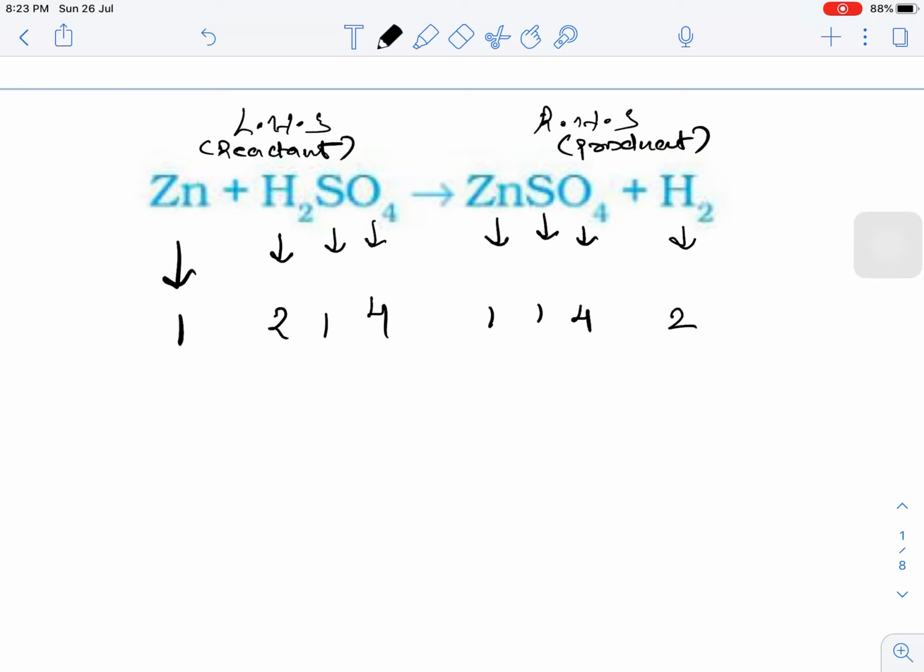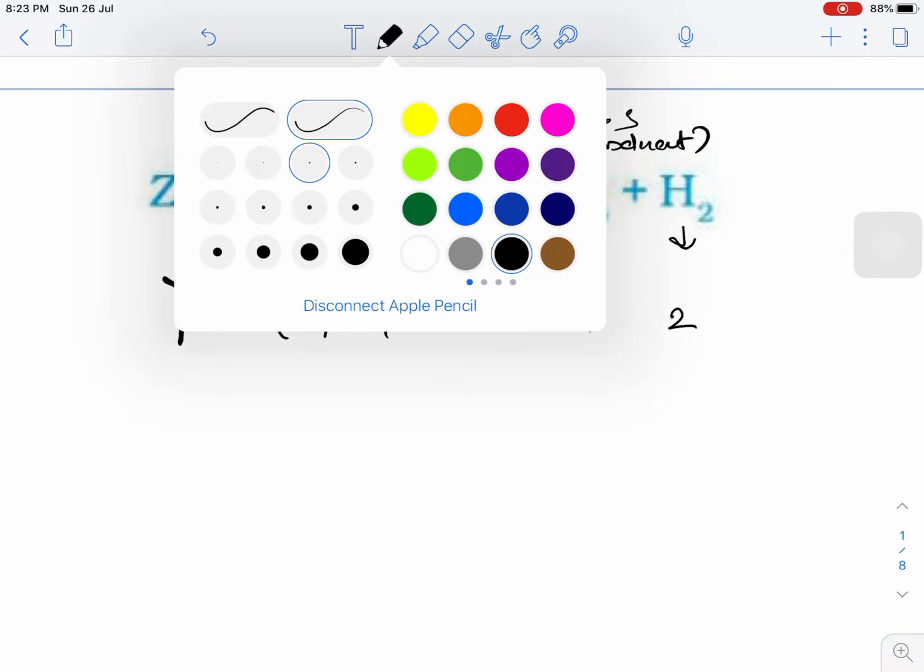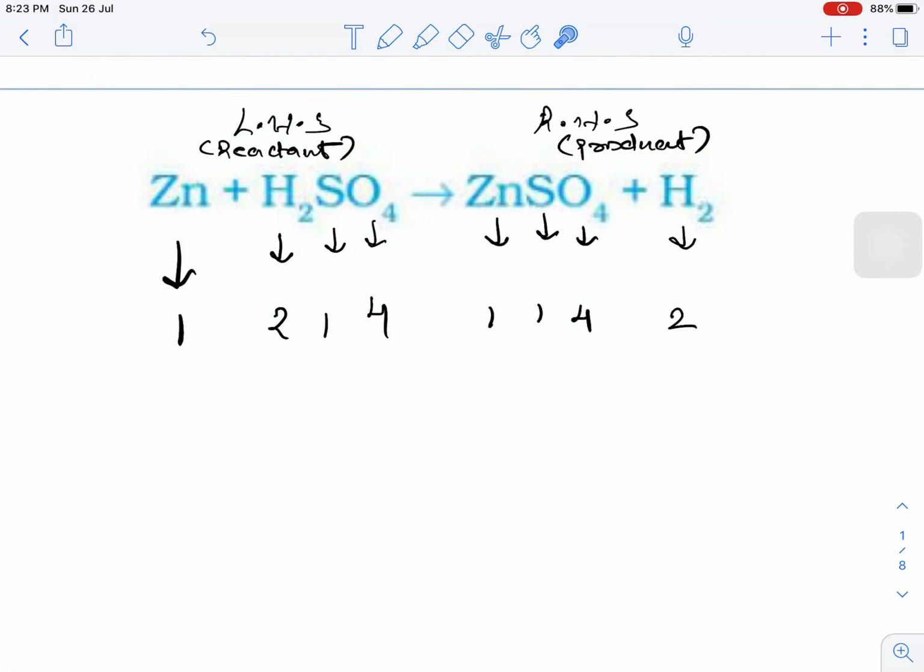Now we have to check whether they are balanced or not. On LHS there was only one zinc, on RHS also there is only one zinc, so zinc is balanced. On LHS there were 2 hydrogen atoms, on RHS also there are 2, so hydrogen is also balanced.